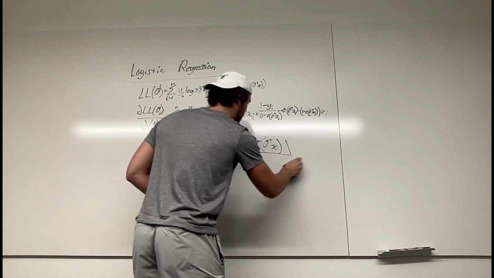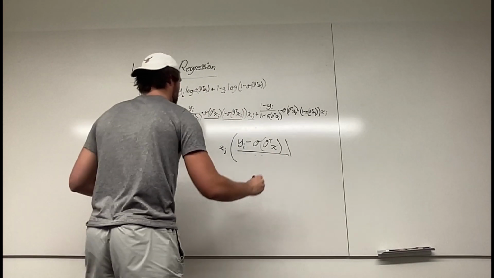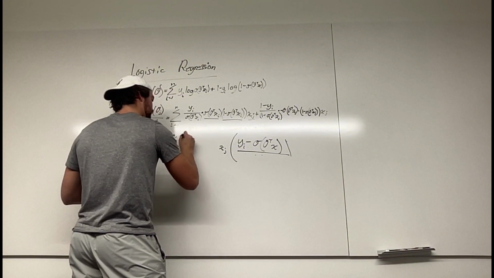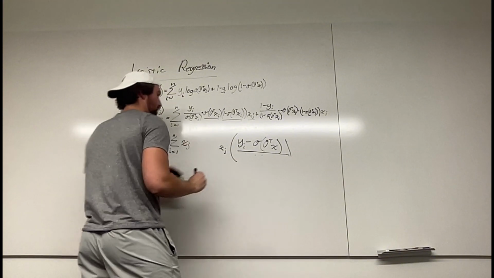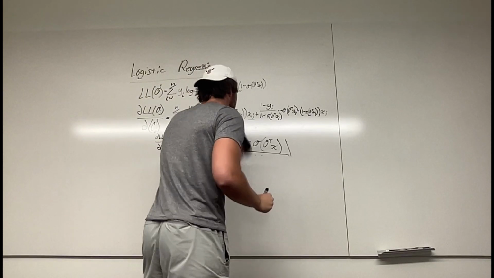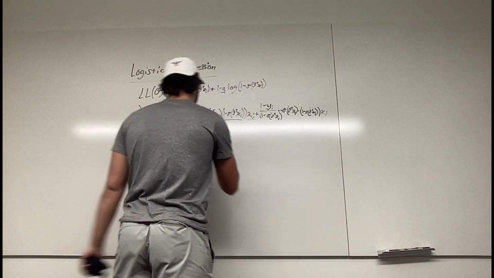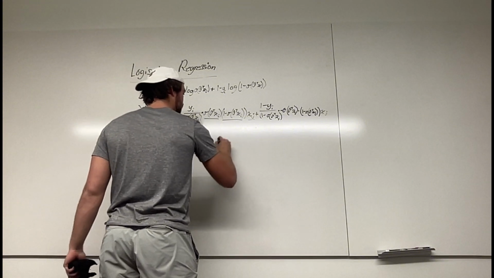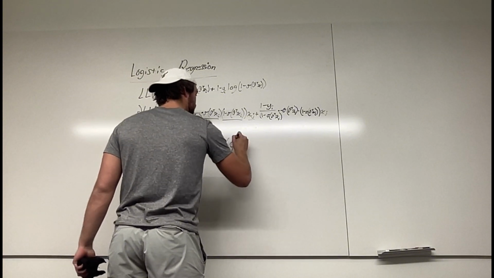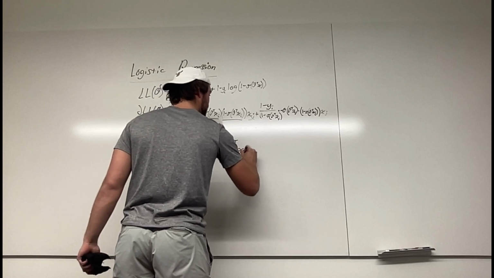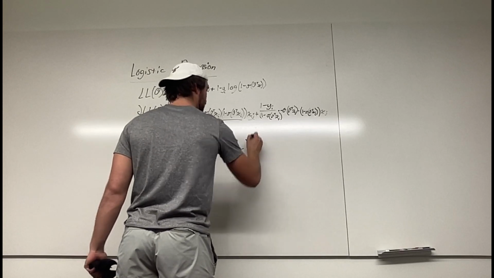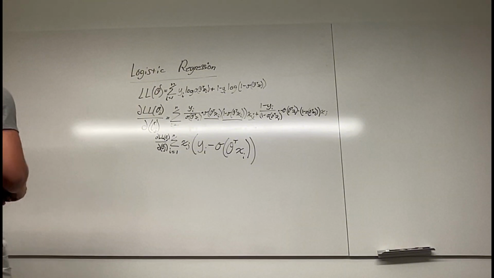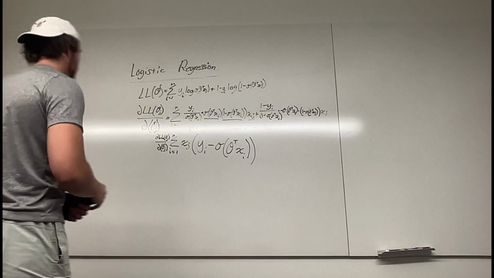I appreciate you working with me. Your flexibility is always appreciated. So then we're left with this xj from our theta times yi minus sigma theta transpose xi. How's that look? Yeah, this is it.